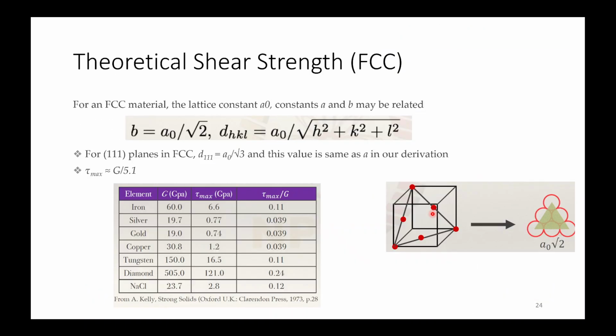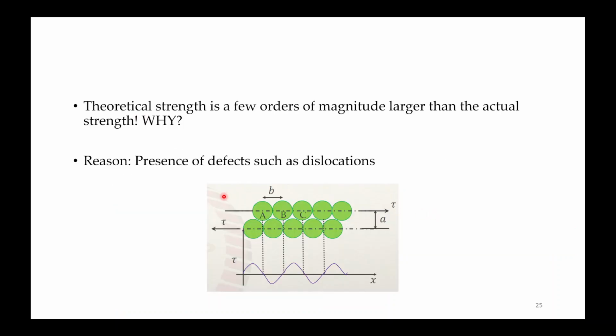If it is a fully packed direction, rolling is easier because there is less depth it has to go. If there were a different direction where the atoms would be separated by more distance, like the 100 direction, in that case you have to apply more stress to deform it.